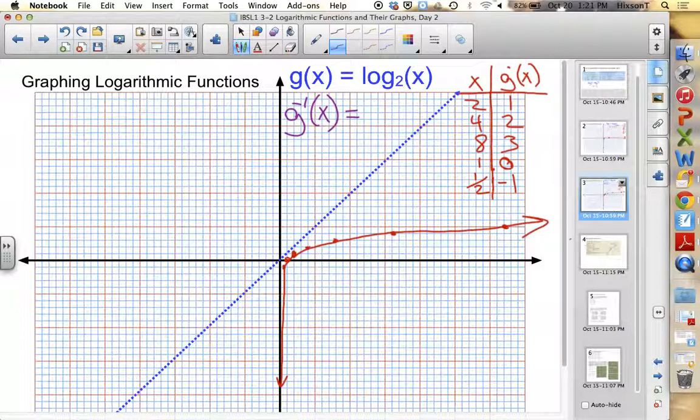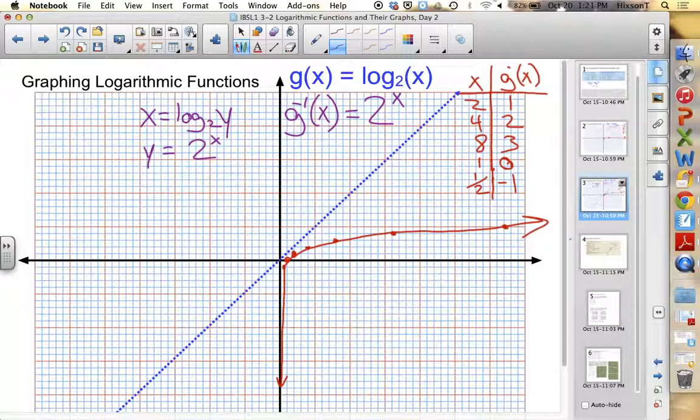Log base 2 of y. X would equal the log base 2 of y. How would you solve that for y? Well, it'd be 2 to the x equals y. Very good, 2 to the x power. So our inverse is 2 to the x power.